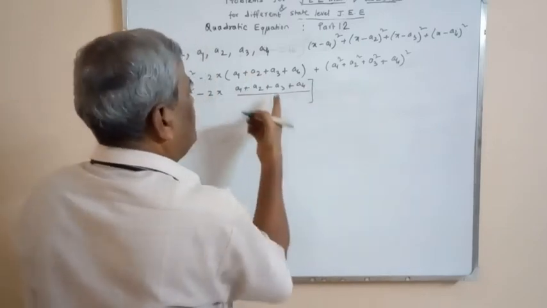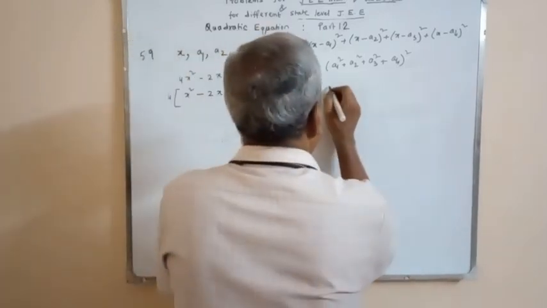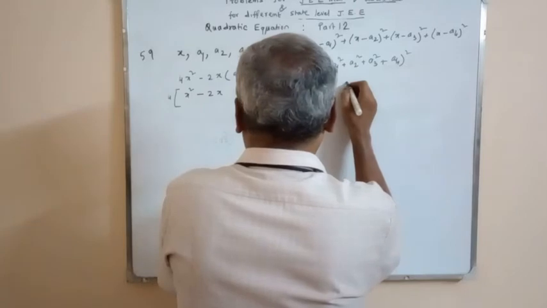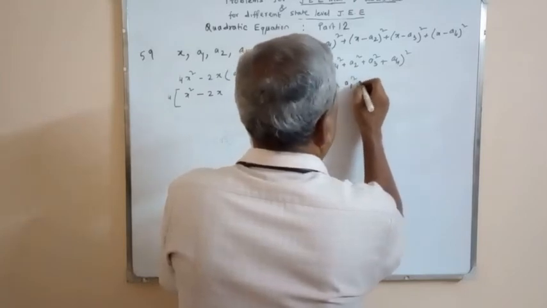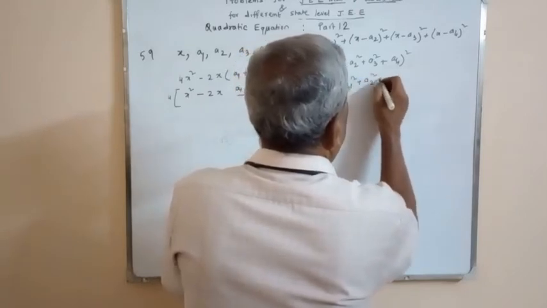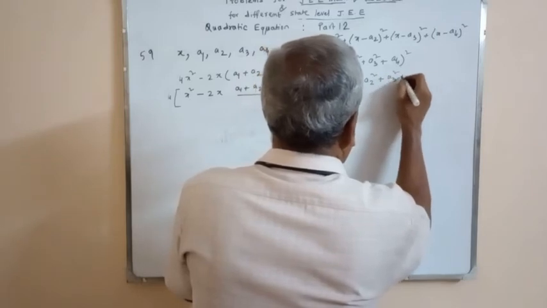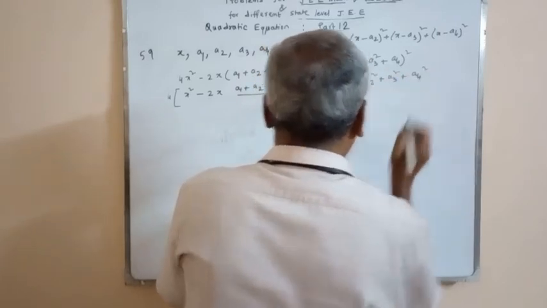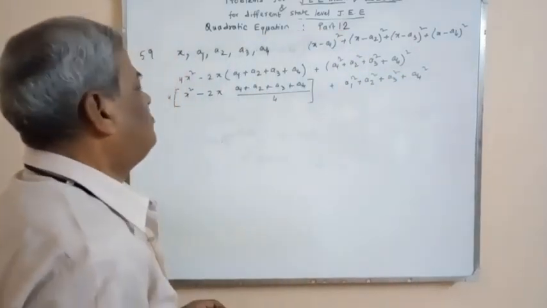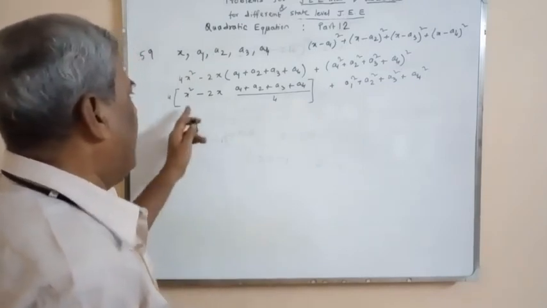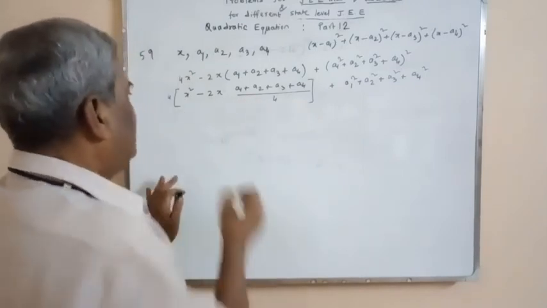Taking 4 common, this is by 4, plus a1² + a2² + a3² + a4². Now to make a perfect square, we have to add something.